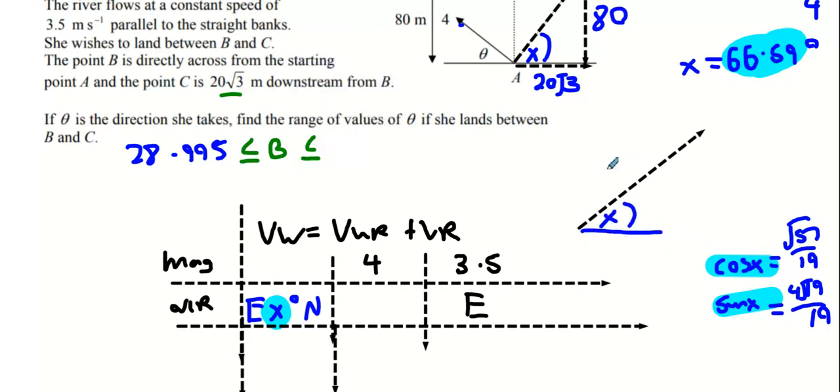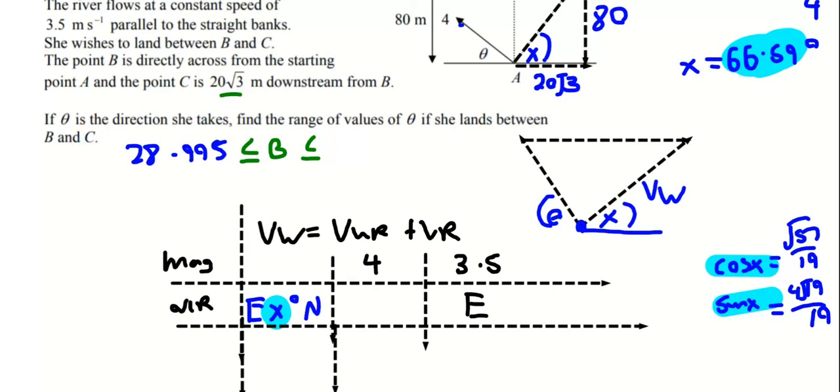Now, what we also know is that we're going off at an angle theta here as well. So theta is in this direction here. We have no idea what angle theta is. Perhaps we don't even need it. Okay, and here we go. So this is the velocity of the woman.